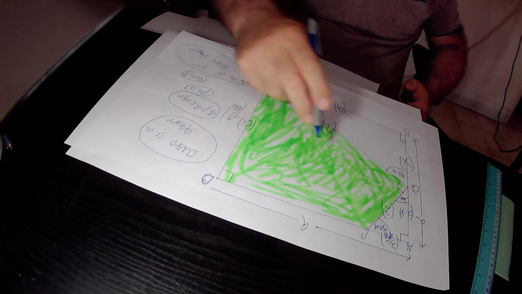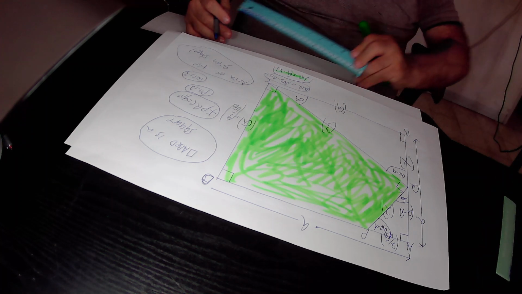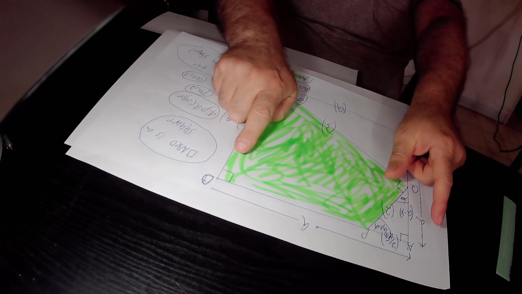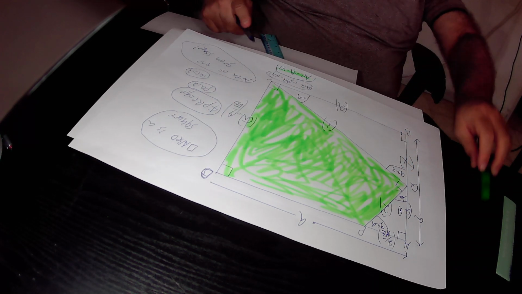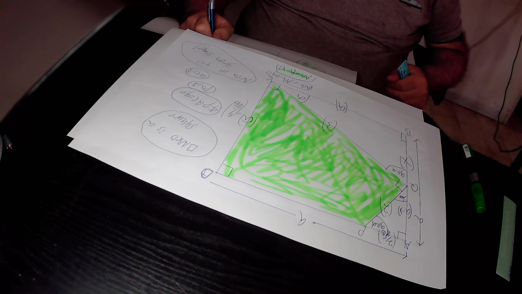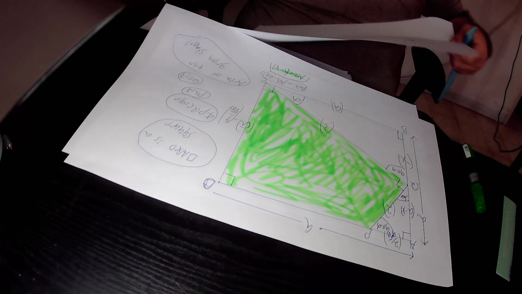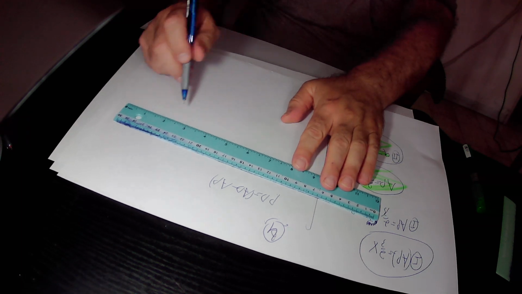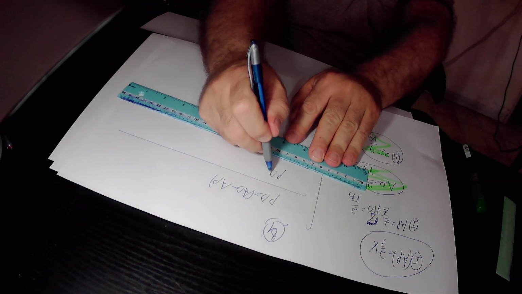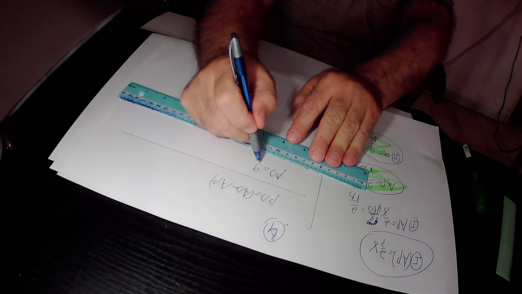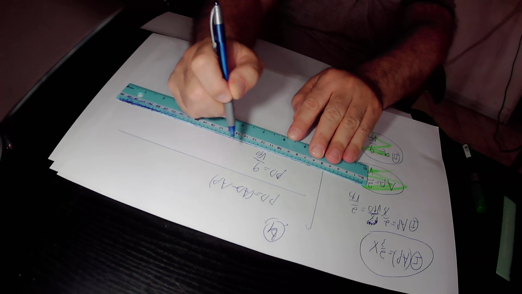So what is the length of PD? From the drawing, it is very easy to see that PD equals AD minus AP. So PD equals AD, that is a, and a is 9 over the square root of 10, minus AP.